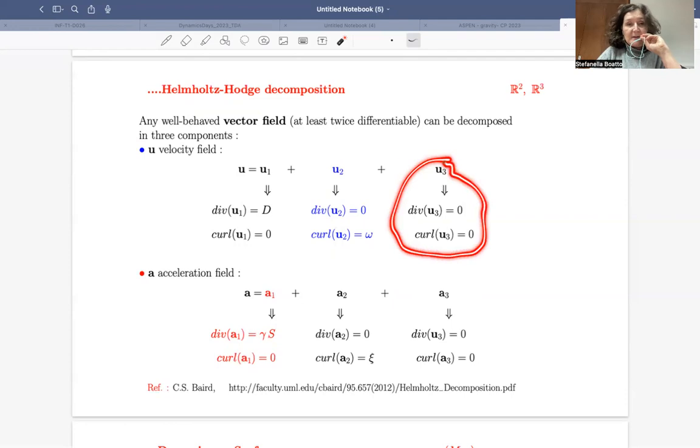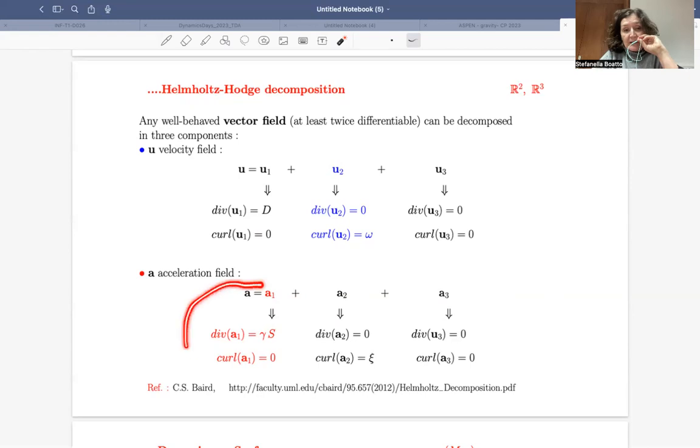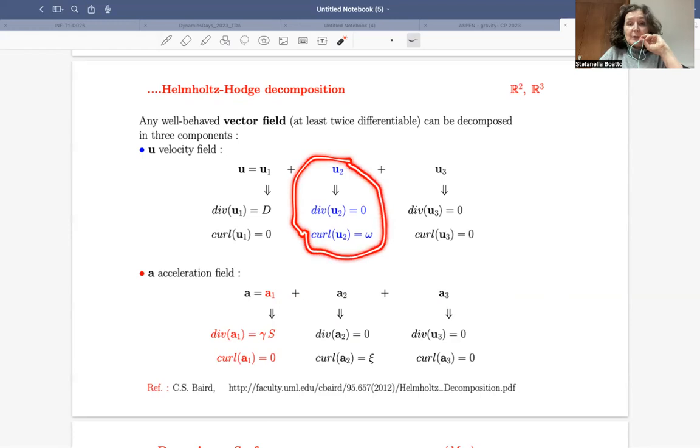As you can see, this is valid for whatever vector field, whether it's a velocity field or an acceleration field. In our case, we make use of this decomposition as we're interested in this class of fields. When we do incompressible fluid dynamics, we are interested in this: the decomposition for the velocity field, looking for incompressible fluid.